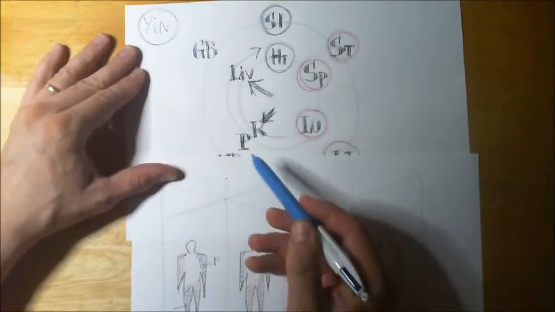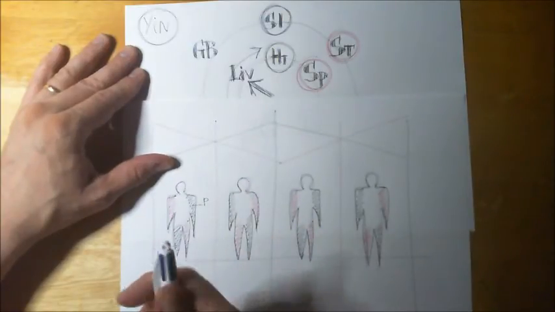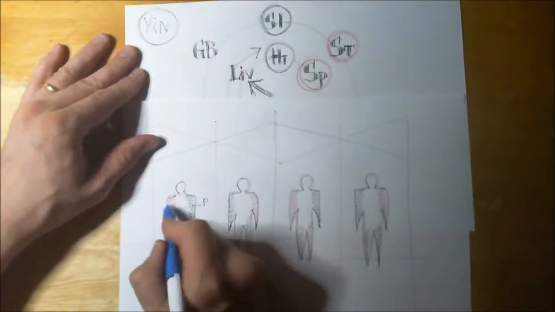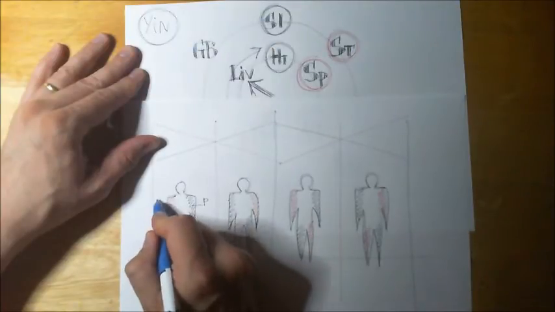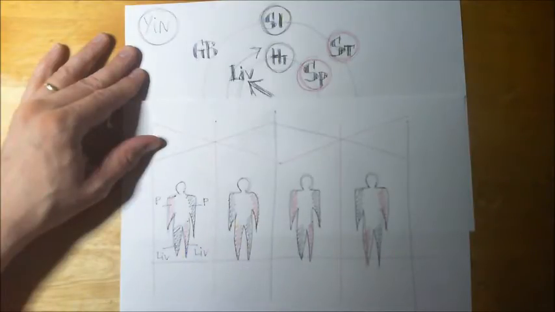But as the liver and pericardium are not deficient and not excessive, we can use also the same on the other side, on the way side, liver and pericardium.